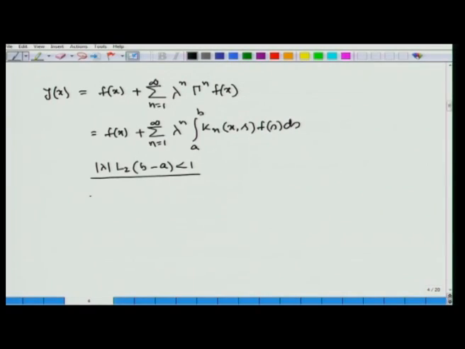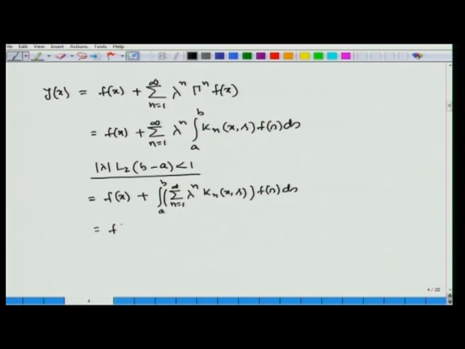Therefore, this is equal to f(x) plus integral a to b sigma n running from 1 to infinity lambda to the power n kn(x,s), this entire expression multiplied with f(s) ds.